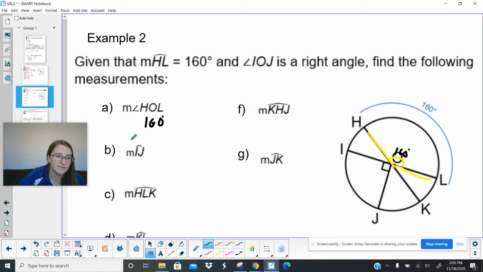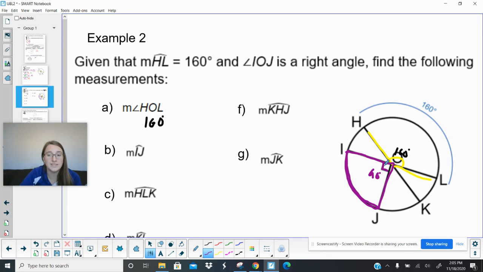Is this that we're trying to find in B an angle or an arc? That's an arc. That's an arc symbol. So we are looking at IJ. Let's identify it. Well, here's IJ. So I need to see what information I have. Well, I erased it. I didn't mean to. But we know that right here, this is 90 degrees. And notice that even though this is what we're trying to find, it is created by this angle.